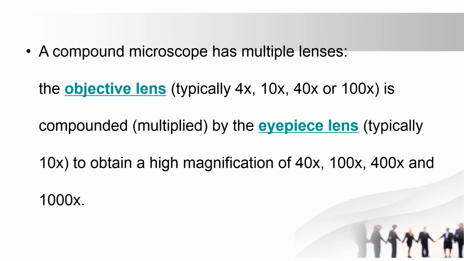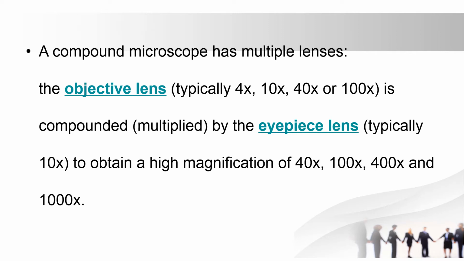Now, we mentioned that a compound light microscope uses a combination of multiple lenses. So with a compound microscope, you have the objective lens, and then we have the eyepiece lens. Each of these lenses has its own magnifying power. For example, the objective lens usually has a magnification of times 4, times 10, times 40, and times 100.